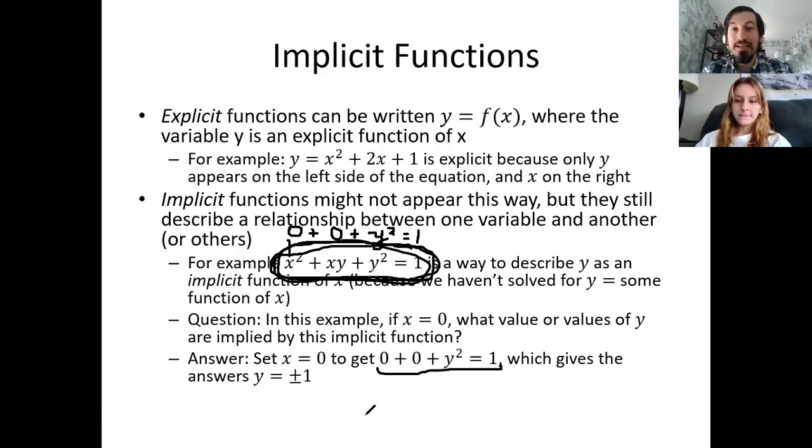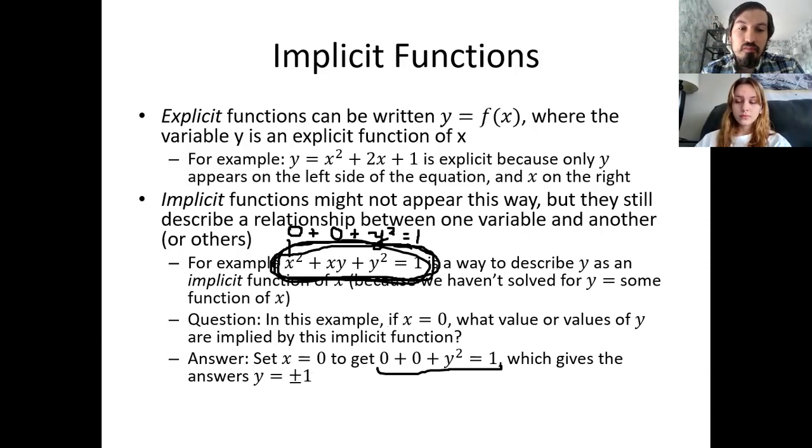I think you can see that that is not true, because if x equals 0, you don't get just one y that satisfies this equation, you get two y's. Y could be 1 or negative 1. So it's not, in the normal sense, a function.